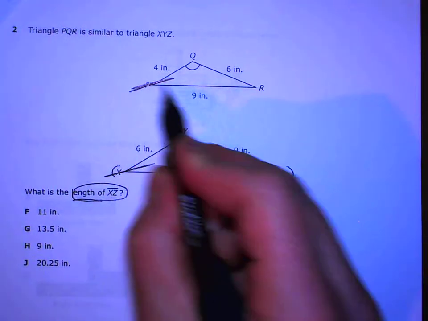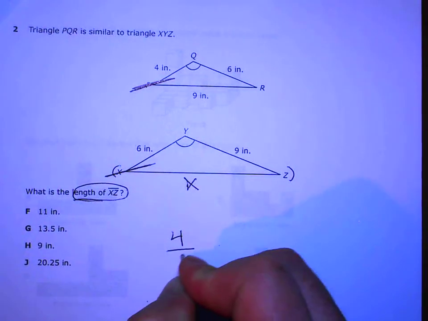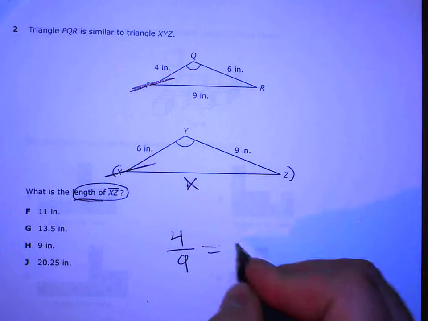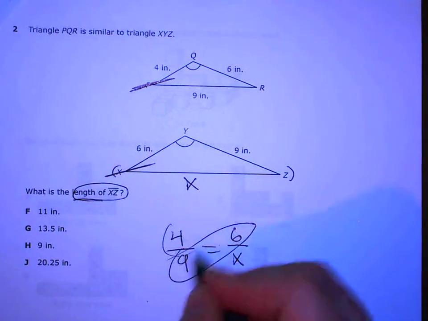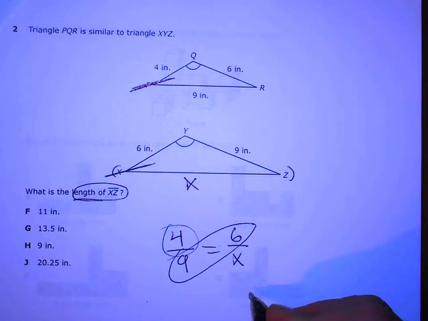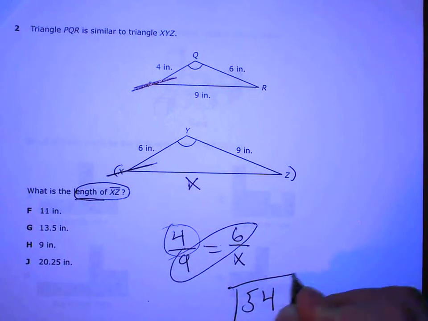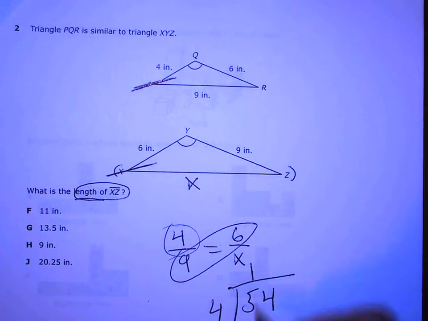I got 4 over 9. And I got 6 over x. Proportions, right? Cross multiply. Divide. 9 times 6, 54. Divide by 4, 13.